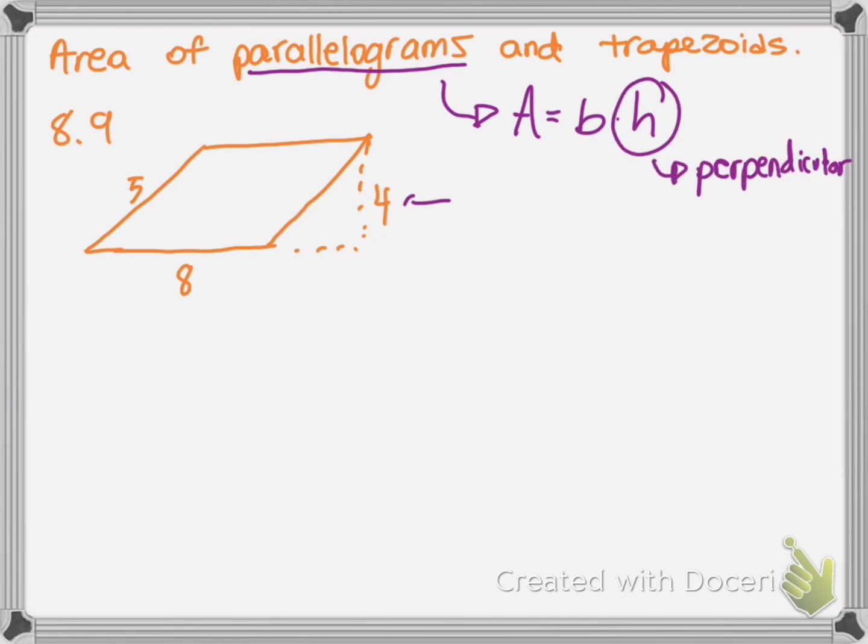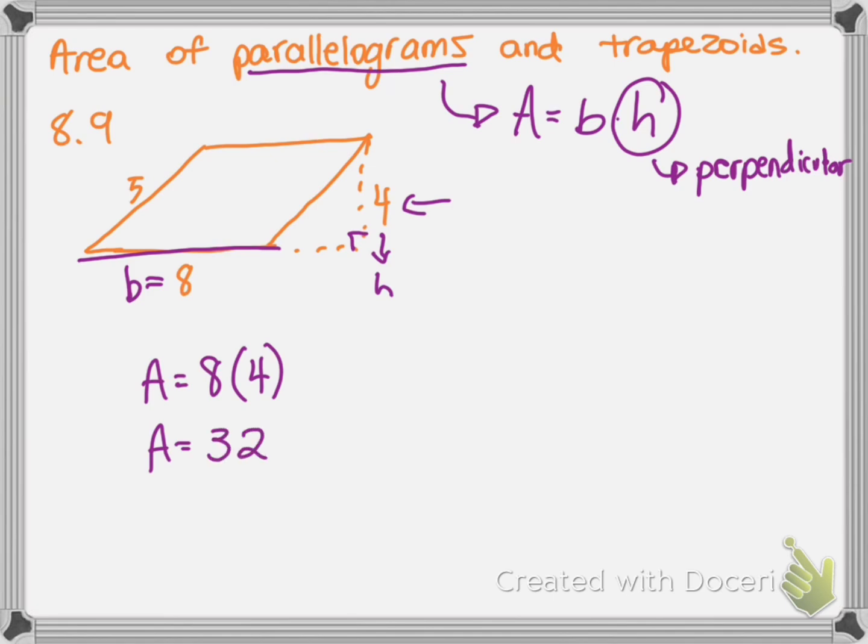So in this case, if the 8 is the base, then the height is going to be 4, because 4 is perpendicular to 8. And so the area of this parallelogram is 8 by 4, which is 32. Notice again, we don't use the 5 because the 5 is just another side. We don't use it for area.